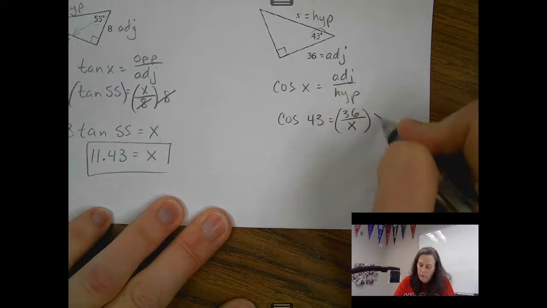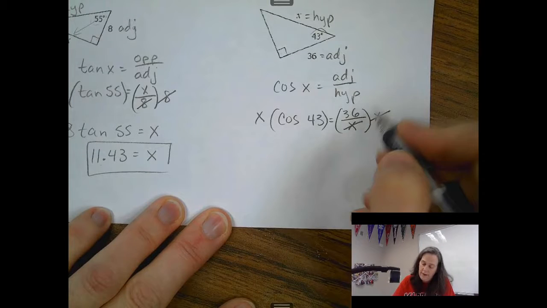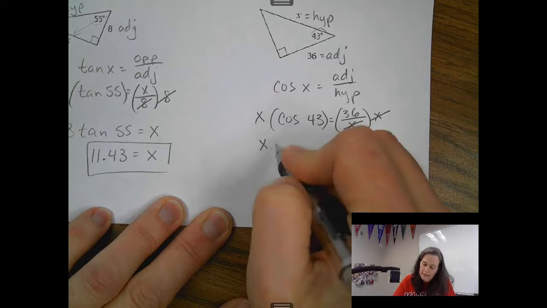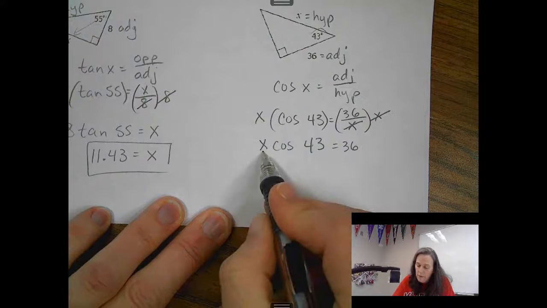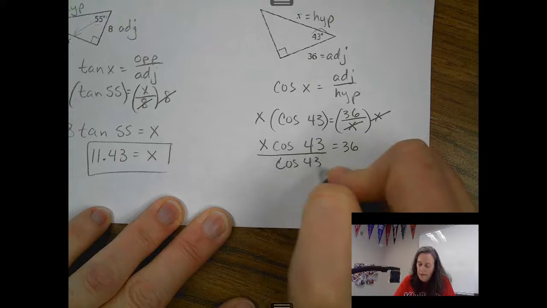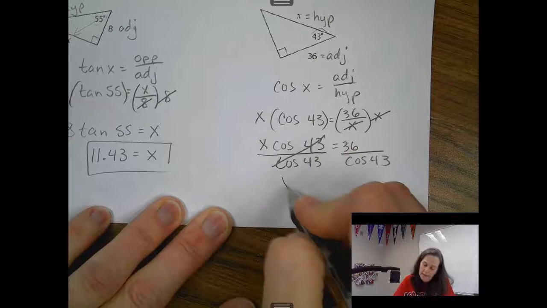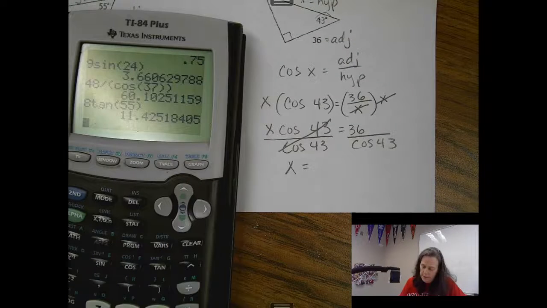We need to get that out from under the fraction, multiply, divide. So that's just plain old 36 equals x cosine of 43. And if that's what we want alone, we need to divide, gone. X equals, pull out my calculator, 36 divided by cosine of 43.